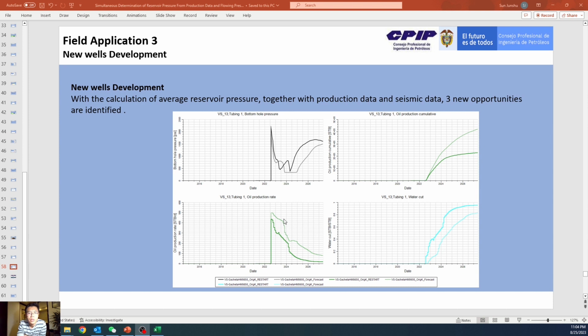Initial production rate 450. It's close to the aquifer, so we are expecting a high BSW for this well. But the cumulative production here is also more than 400,000 barrels.